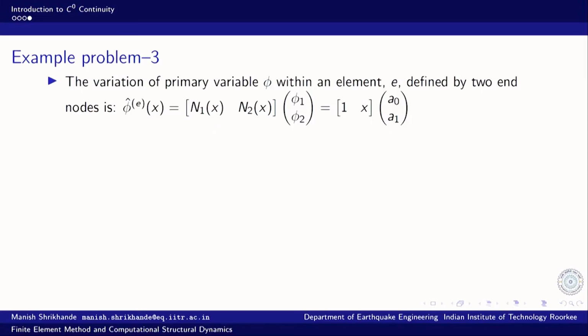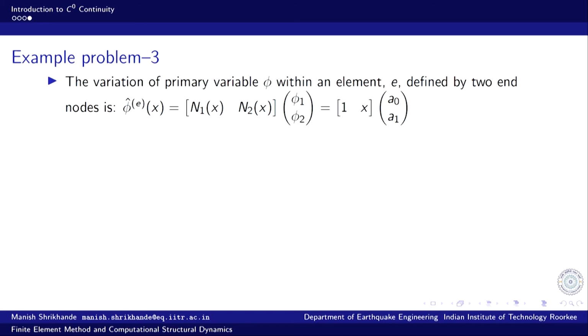So, the only thing that is changing here is the coordinate of the nodes, but otherwise the character of the element remains the same. It is a 2 noded element, and the variation is first degree polynomial approximation. So, the variation of the primary variable phi within an element E, a generic element, is what we are looking at.